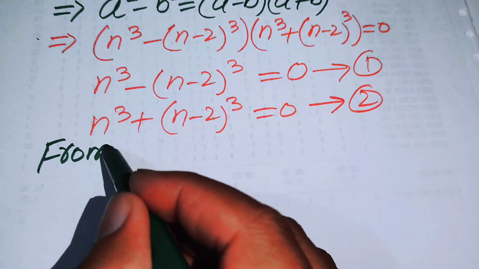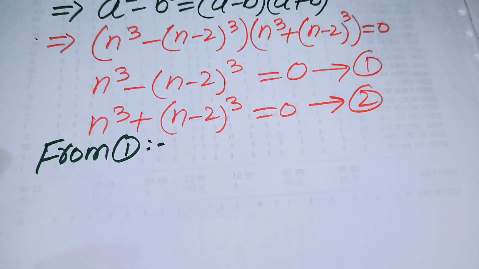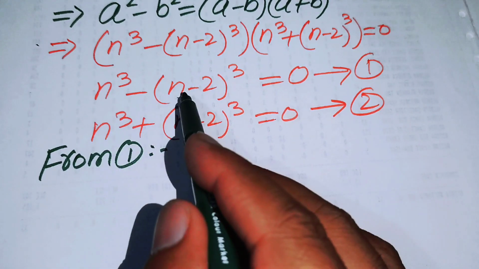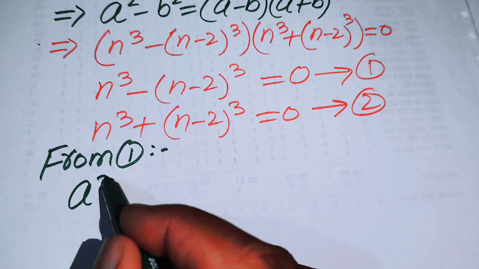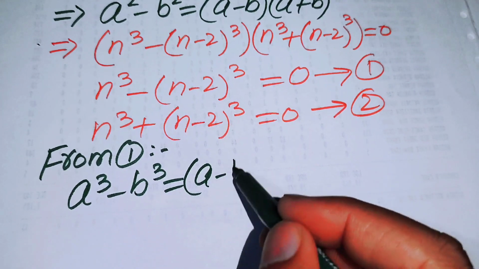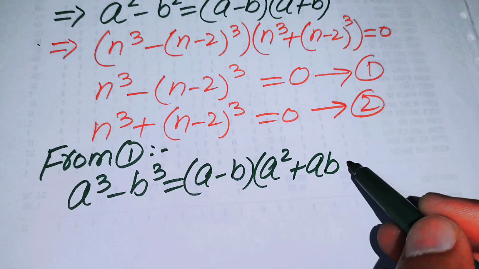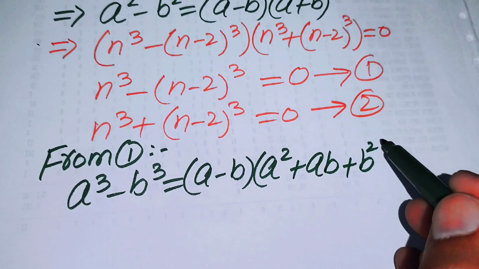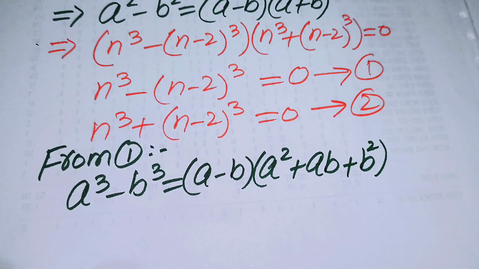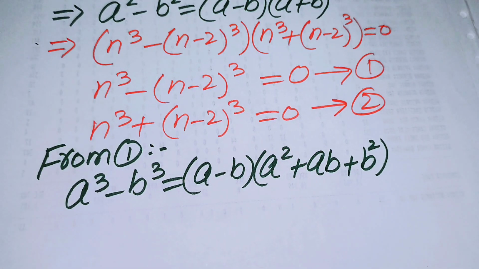From equation number 1 you can see that we can apply here the a cubed minus b cubed formula, and you know that a cubed minus b cubed is equal to (a minus b) times (a squared plus ab plus b squared). So now first I can apply this nice formula on case number 1.